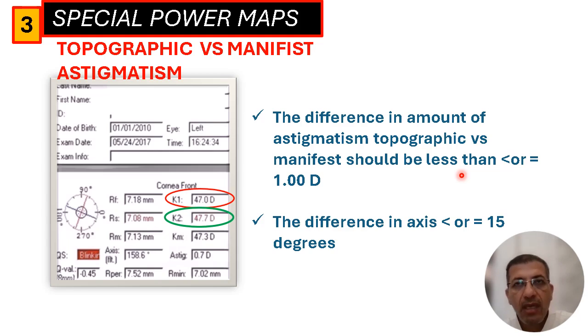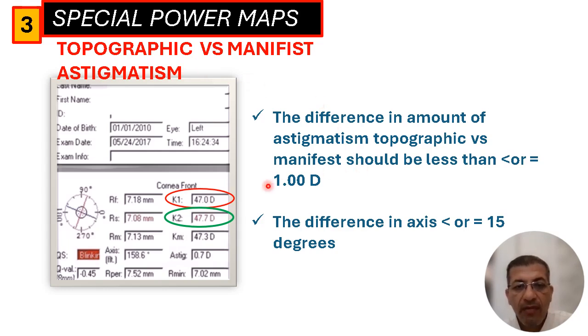As you know, skewed radial axis deviation of the symmetric bowtie or asymmetric bowtie is one of the moderate or high risk factors for keratectasia. But in the presence of a difference of less than 1 diopter between the topographic and manifest astigmatism, this makes its importance a little bit lower.